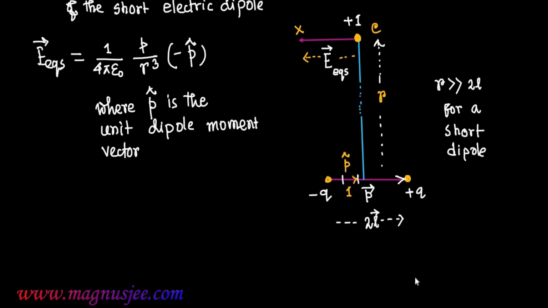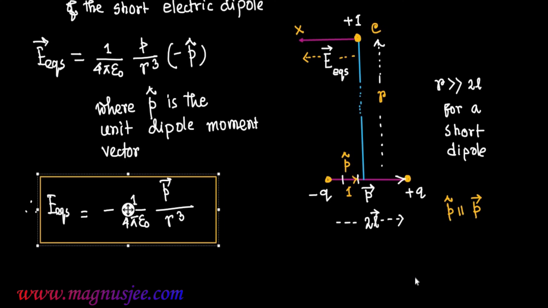Here we can consider a vector having magnitude 1, and p cap is parallel to vector P, means unit dipole moment vector is parallel to dipole moment vector, and here vector E equatorial equal minus 1 by 4 pi epsilon 0 vector P by r cube.